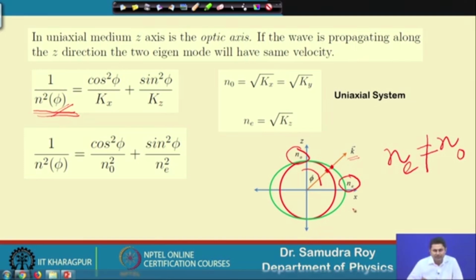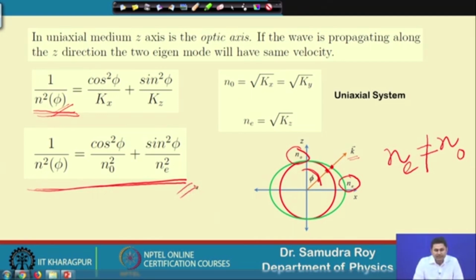By changing the launching angle we can have different refractive indices, and one can find the value of the refractive index if NO and NE are given, by using the value of phi, that is, the angle at which I am launching. I can find out n of phi just using this expression.